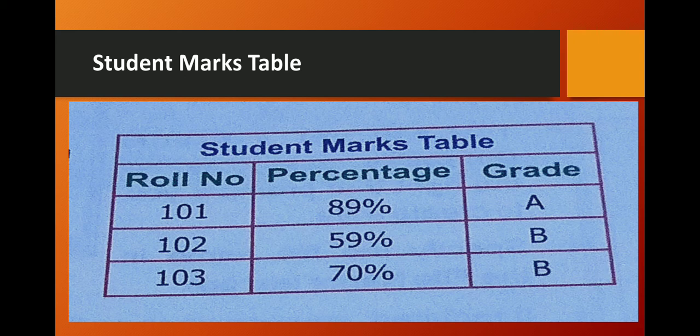Means in both tables, roll number is the common column. In the student information table, roll number is there, and in the student marks table also a roll number column is given.